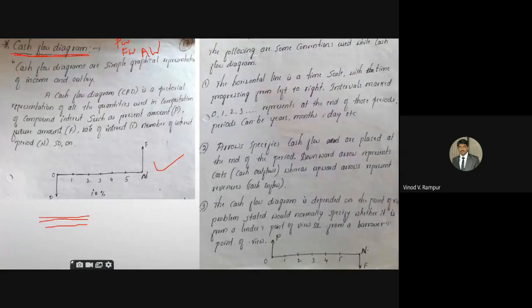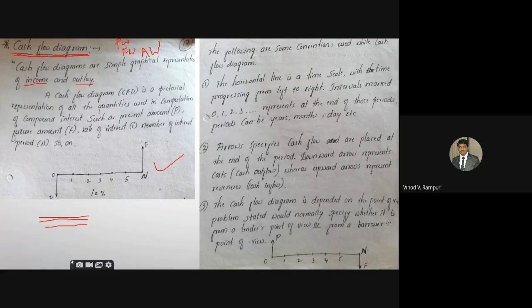A cash flow diagram is a simple graphical representation of income and outlay. These are the two important things.